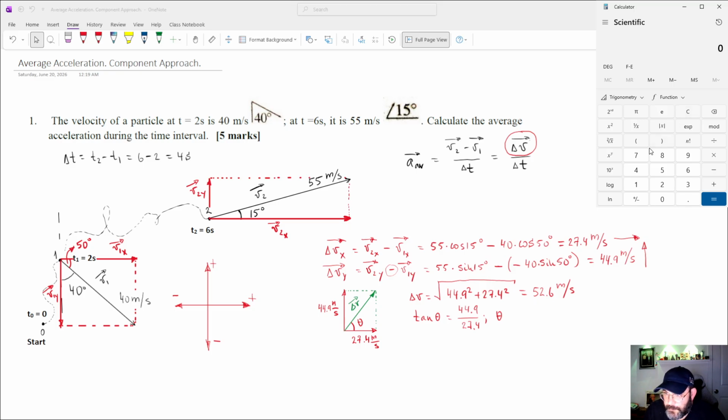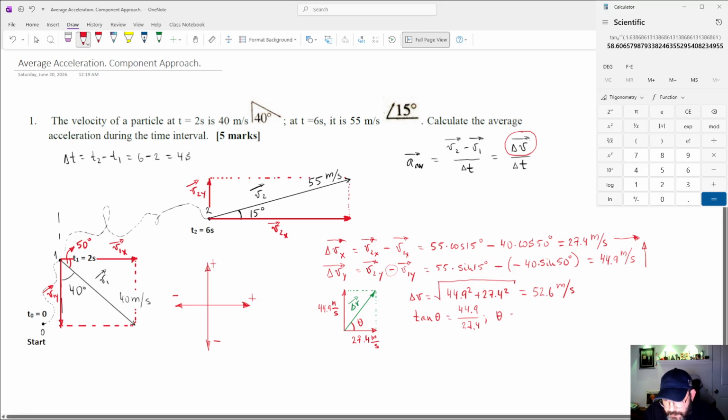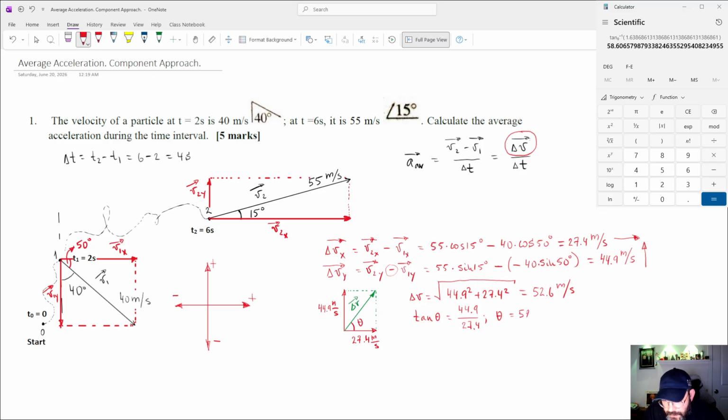We have 44.9 divided by 27.4, and let's take the arctangent of this: 58.6. As you can see, we've got the exact same result, 58.6.